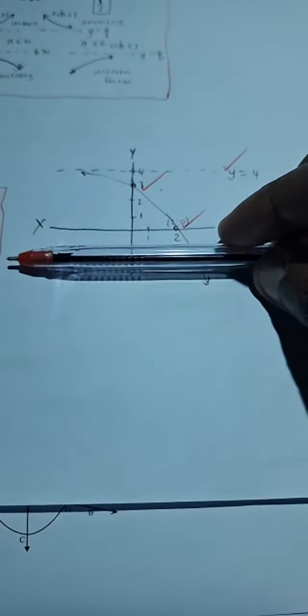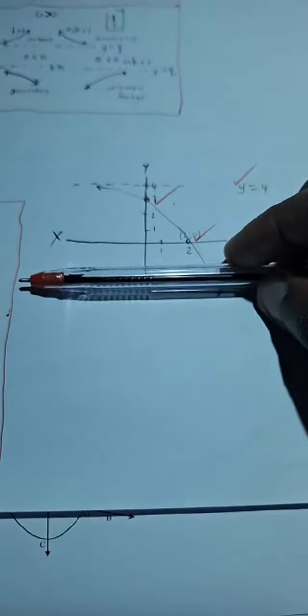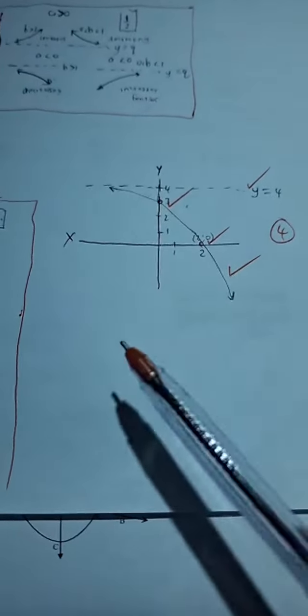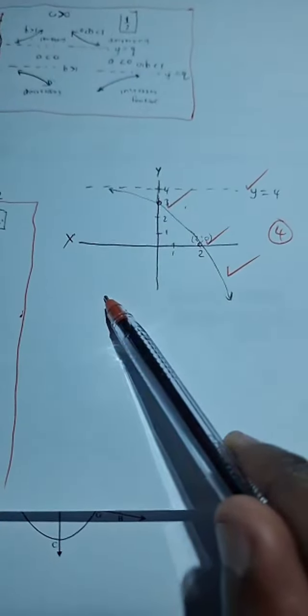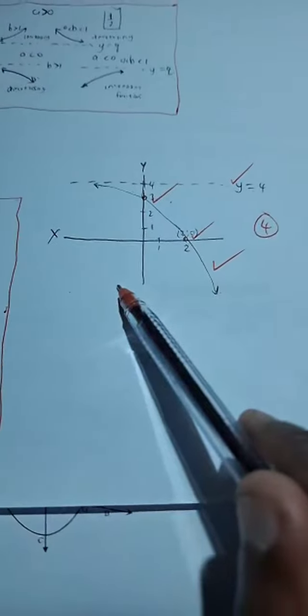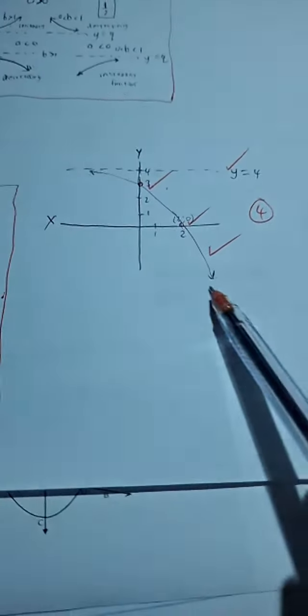So if there is a y-intercept but there's no x-intercept, what do you then do? Then you can use your table method and find one x value on the negative side, one x value on the positive side, and then connect those points so that you can actually see the shape of the function at least.